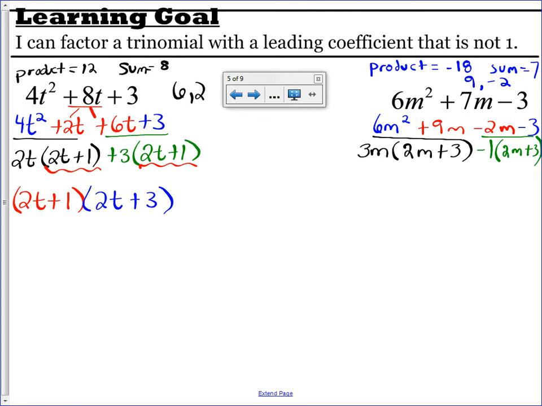Okay? And what will I get for a final answer here? What will I get? Jenny? 3m minus 1. Very good.